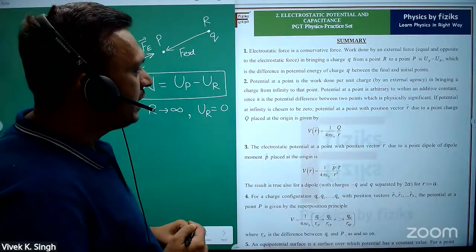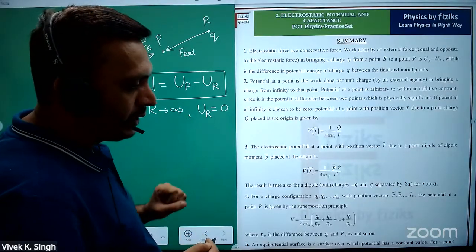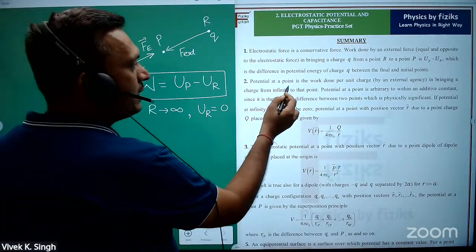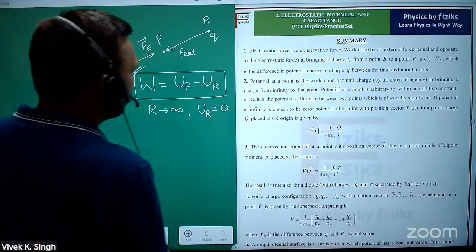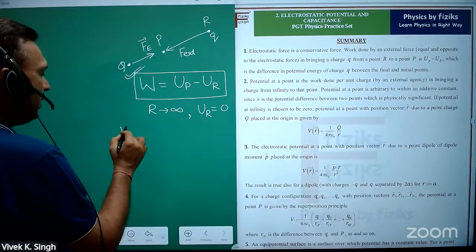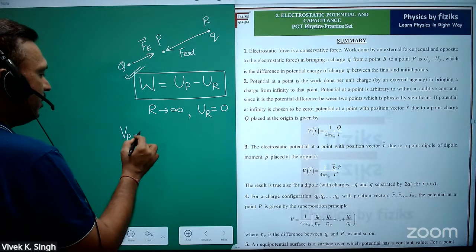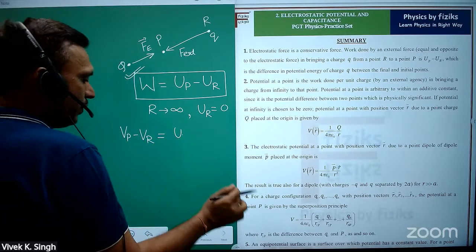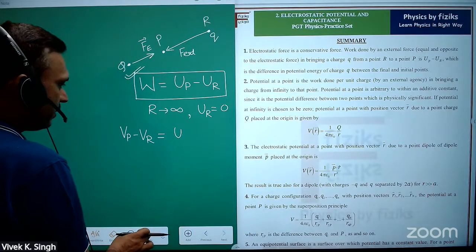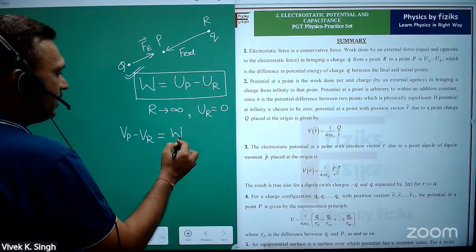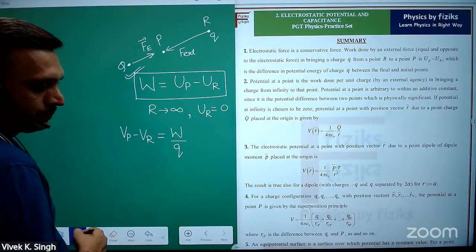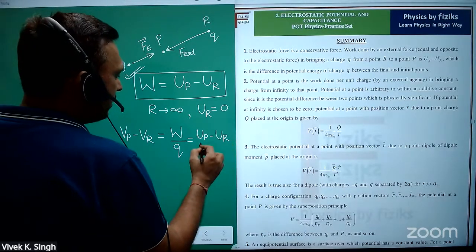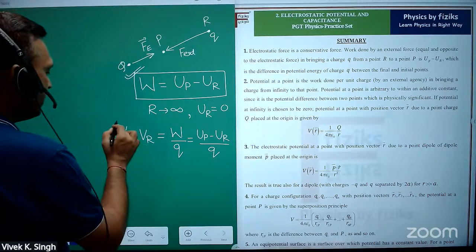Now, what is the potential at a particular point due to a given charge Q? Potential at a point is defined as the work done per unit charge. So potential at any point P is given by work done per unit charge, which is UP minus UR, divided by the charge.